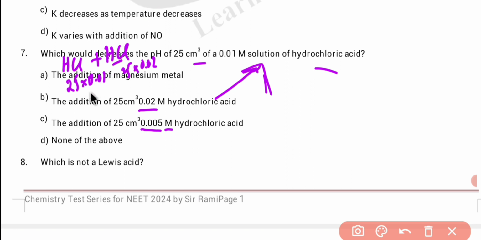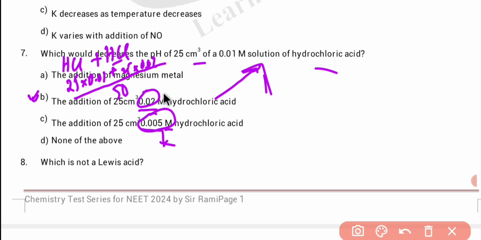So in the second option, 25 into 0.01 plus 25 into 0.02 divided by the total volume, which will be 50. This is the concentration of the HCl to be added, and this is lesser than 0.02.